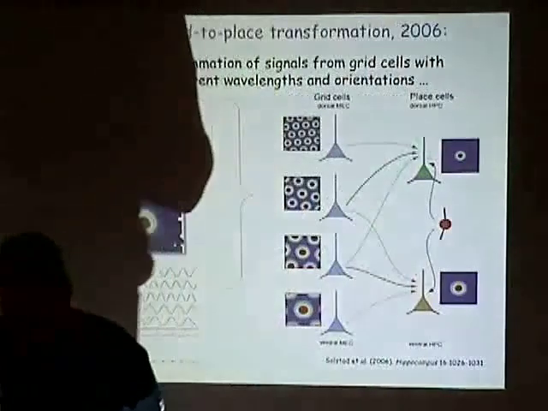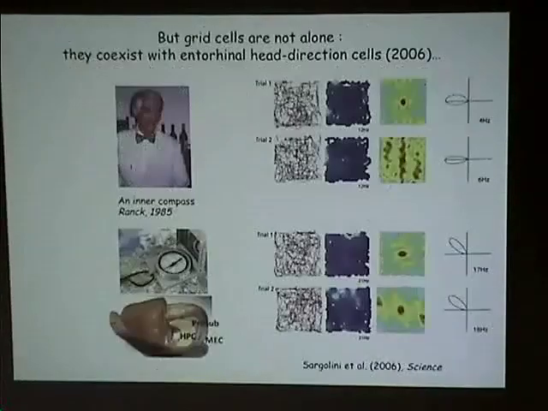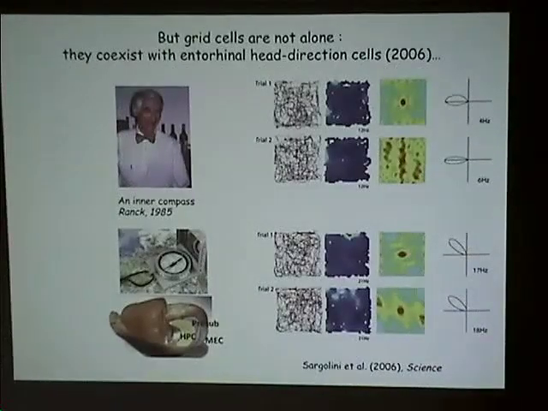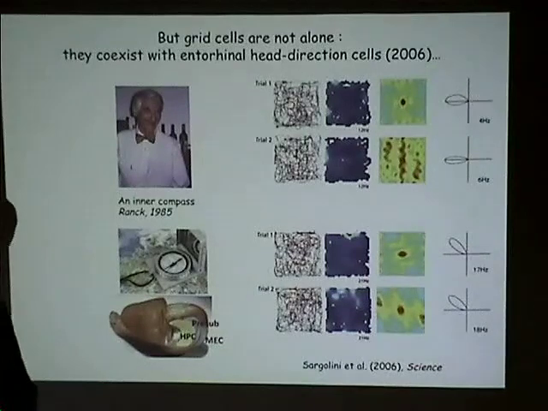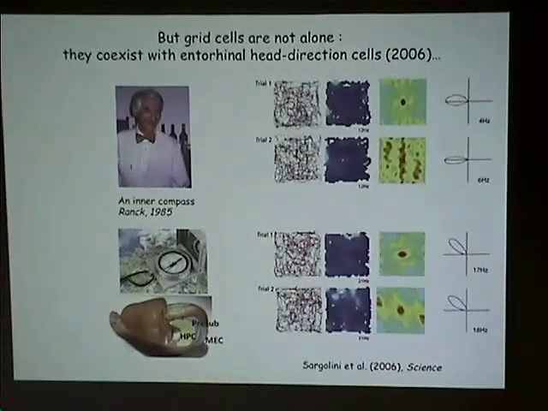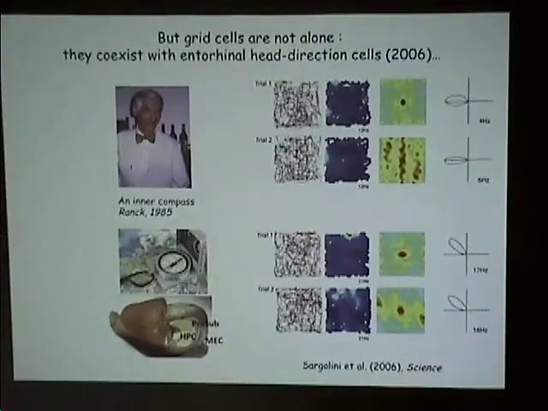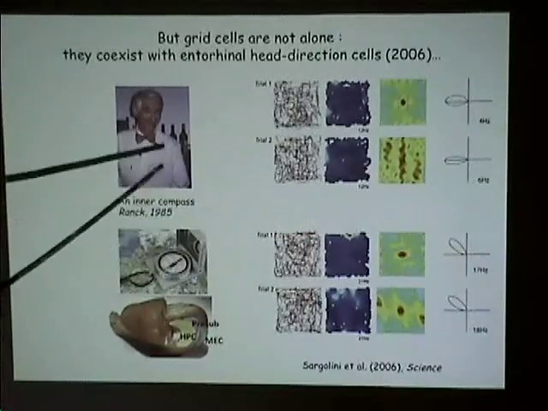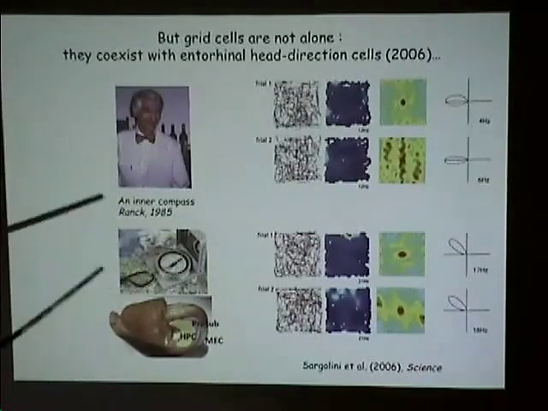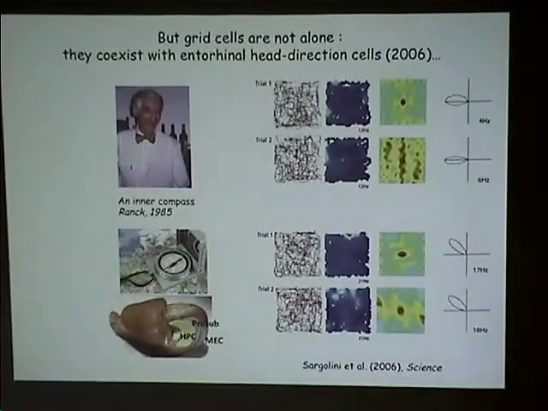All right, but let me get started, because this is just the introduction, and there are many complications. One of them is that grid cells are not the only inputs to the place cells or to the hippocampus. We learned very soon that there are also head direction cells. As you have heard many times, head direction cells were discovered long ago by Jim Ranck and Taube and his colleagues.